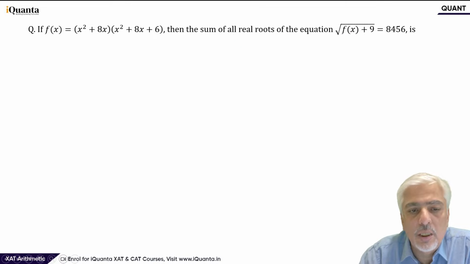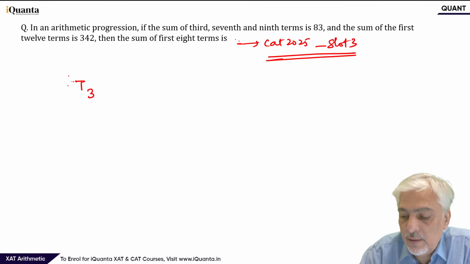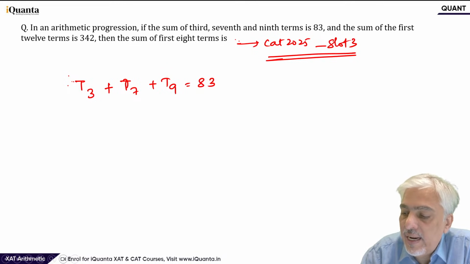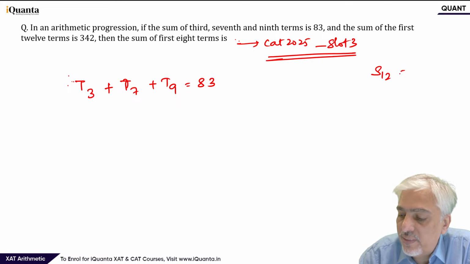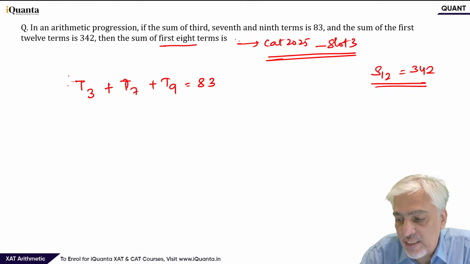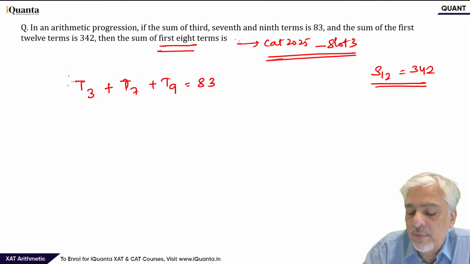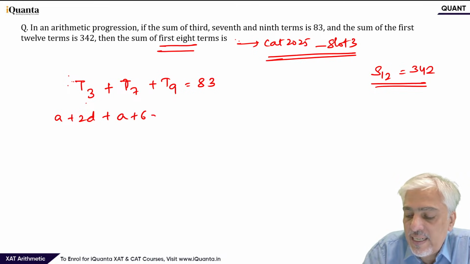Third, seventh, and ninth term total is 83, and S12 is 342. We need to find the sum of the first 8 terms. Let's quickly do it. This is A plus 2D, A plus 6D, A plus 8D is 83.